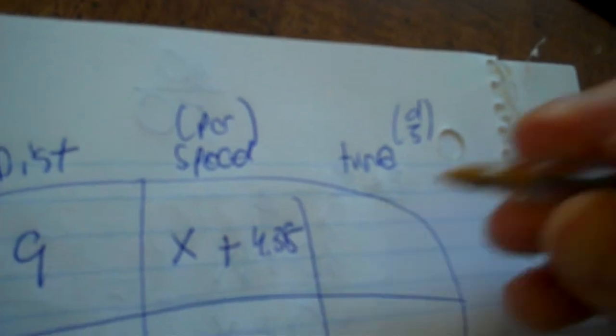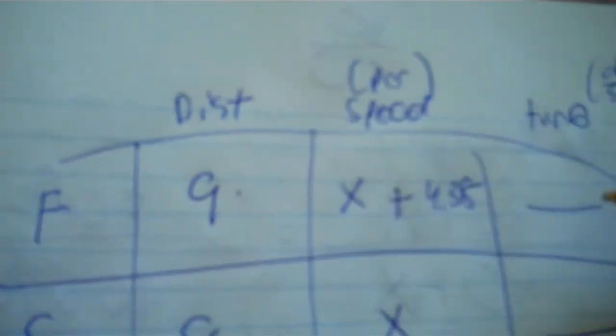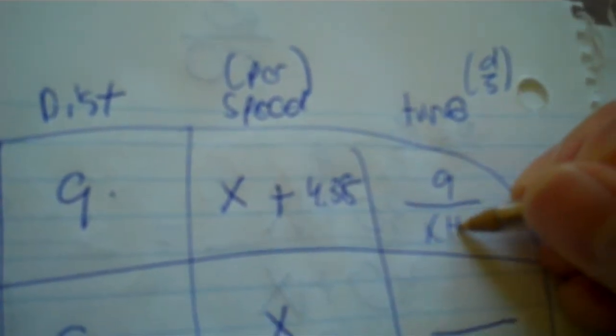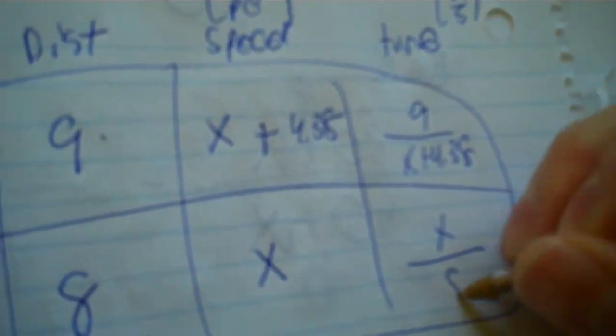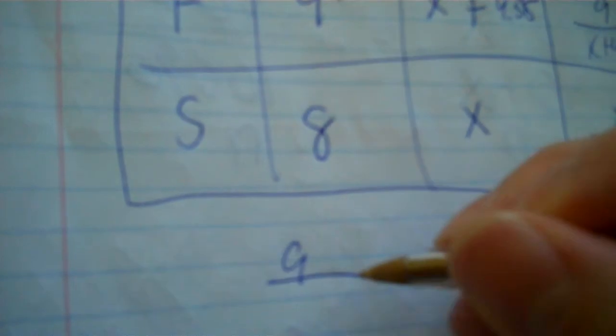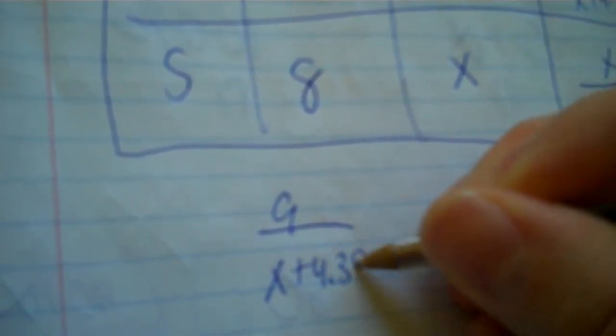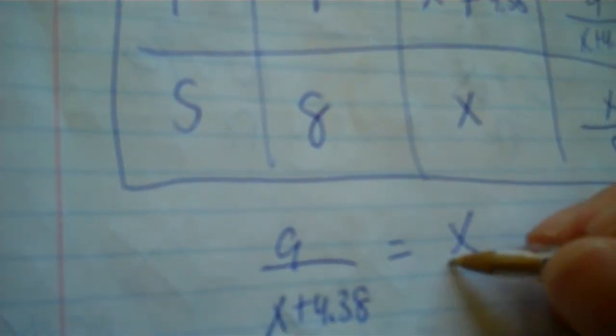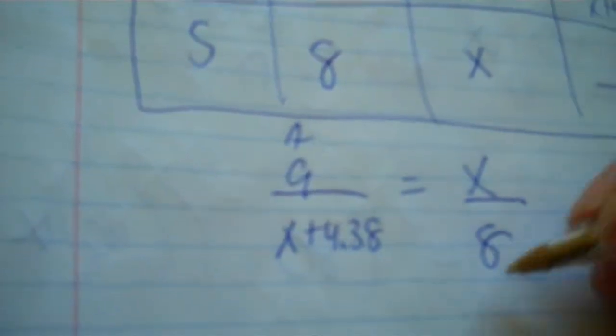Now time, you have to use the distance divided by speed ratio. So the distance is 9 over x plus 4.38, and then 8 over x. Okay, and the times are equal, so you can line up the proportion. And it's just A, B, C, D again, okay?